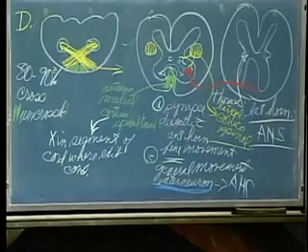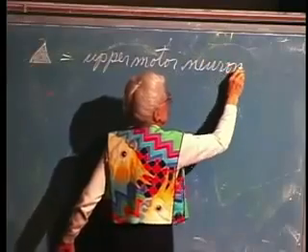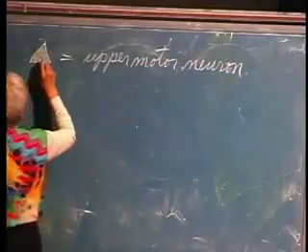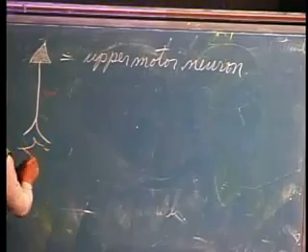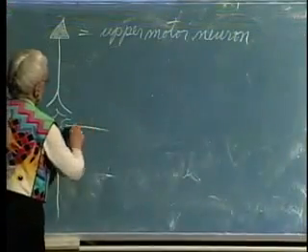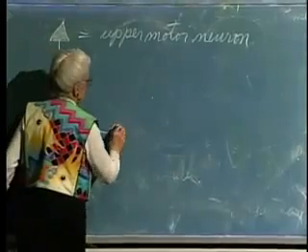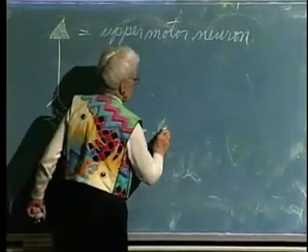That's an upper motor neuron, because we've seen we have two neurons in this tract. Its axon will come down to an anterior horn cell where we'll have the lower. This anterior horn cell is our lower motor neuron.